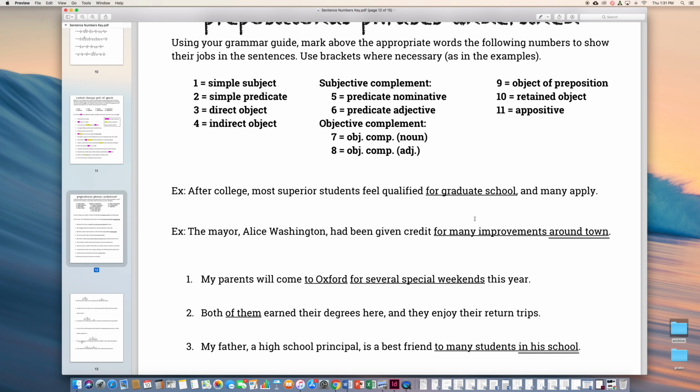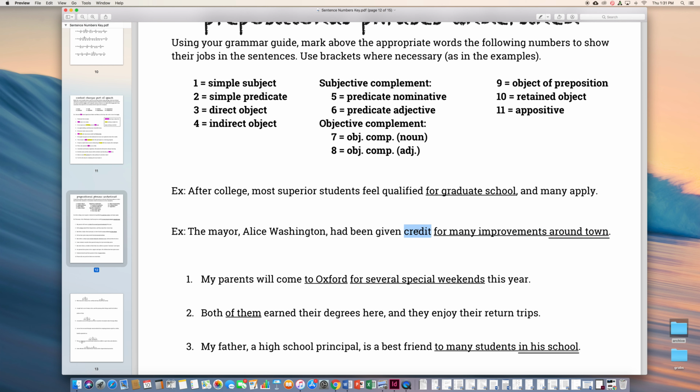So another thing to think about here is that a prepositional phrase can be inside of another prepositional phrase. So here we have "for many improvements around town," an entire prepositional phrase, right, initially, that is modifying the word credit.